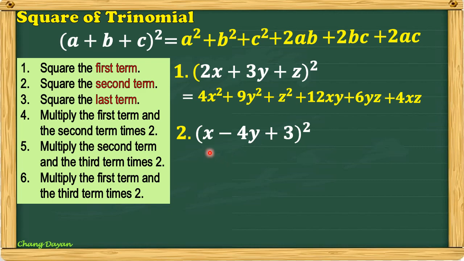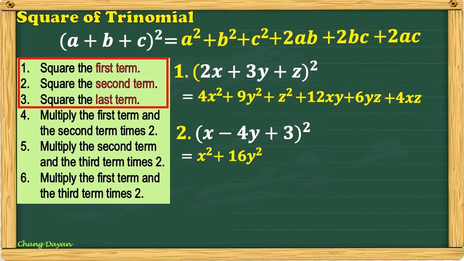For number 2, the square of a trinomial x minus 4y plus 3. The first thing to do is to square the first term. So x squared. Square the second term. Negative 4y times negative 4y will have 16y squared.